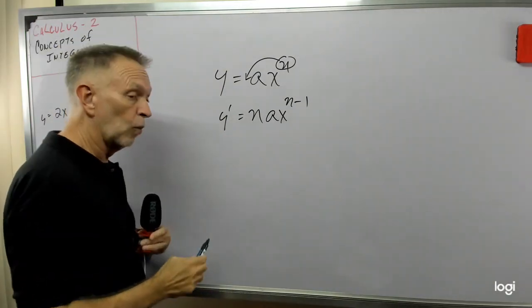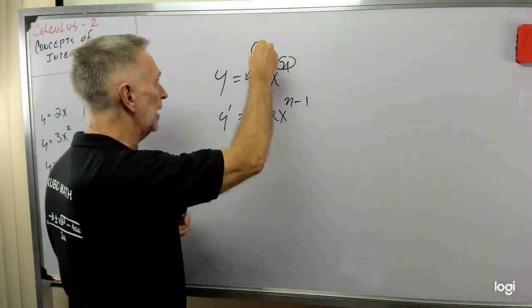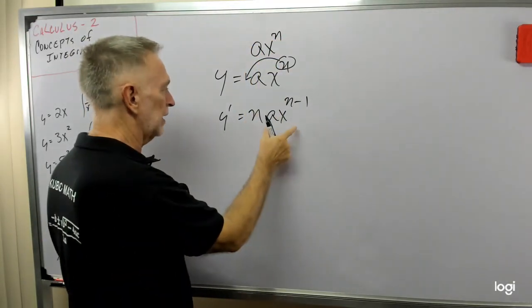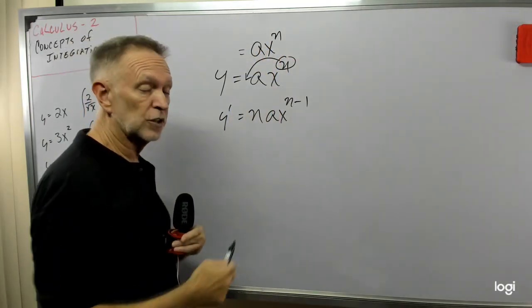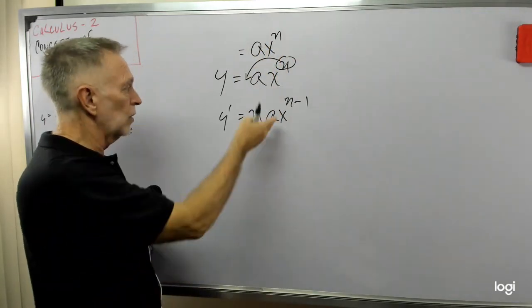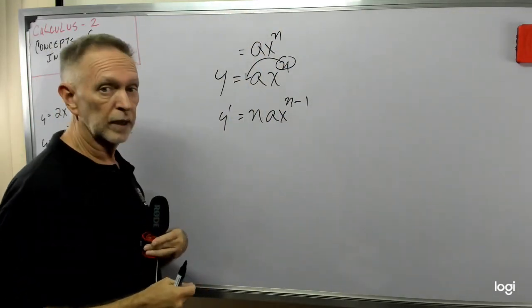But what happens in integration? If I integrate this function, I want to get back to ax to the n. I'm going one way with it, now I'm going the other way.